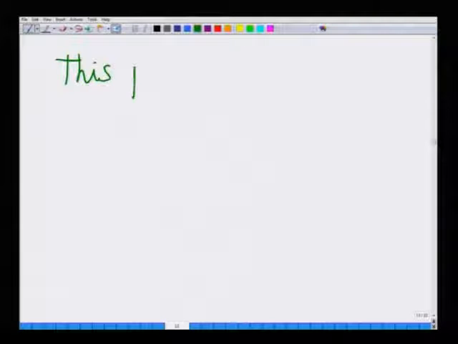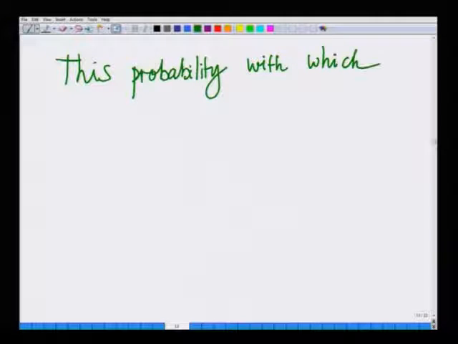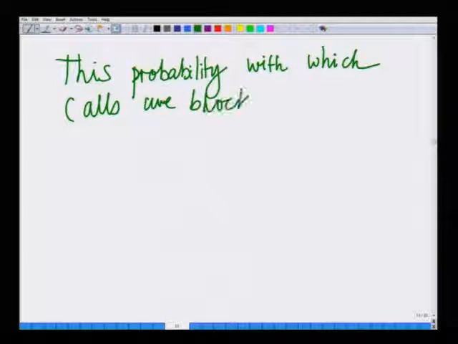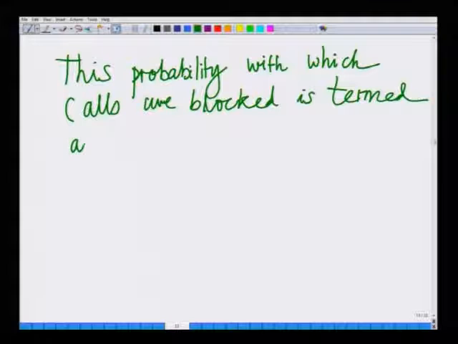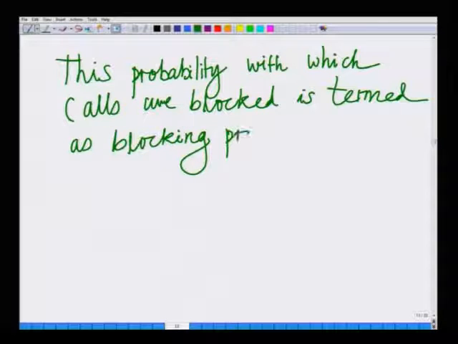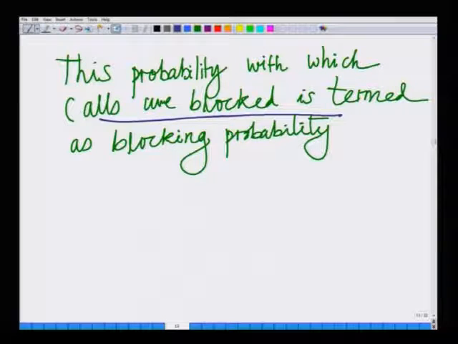This probability with which calls are blocked is termed the blocking probability, and this is a very important parameter which we would like to compute.